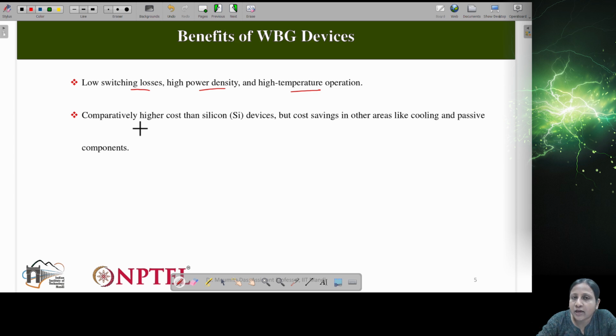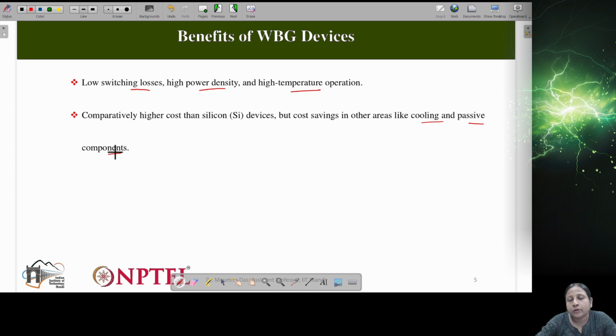Although the device cost is much higher compared to silicon, the saving in other areas like cooling and passive components results overall in a reduction of 30 to 40% of the cost. That is why people are focusing on applications where it is very important, or where it will solve many other purposes.